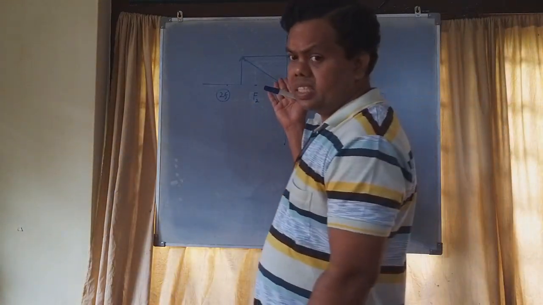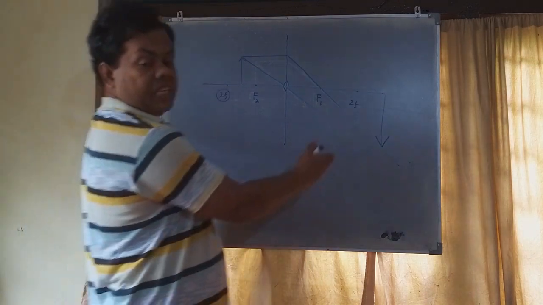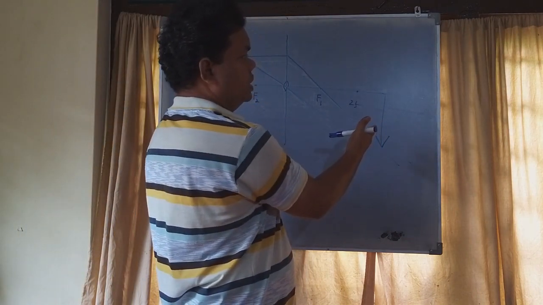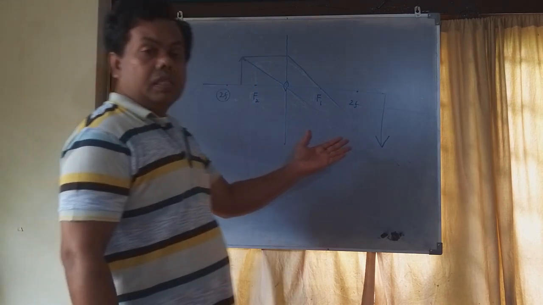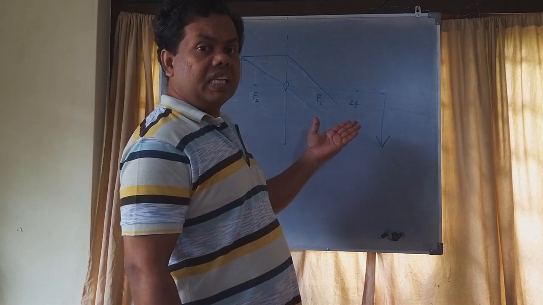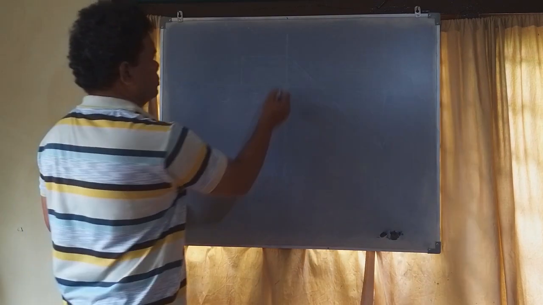When the object distance is greater than f but less than 2f, the image is formed at a distance greater than 2f. The image formed is real, inverted, at a distance greater than 2f.